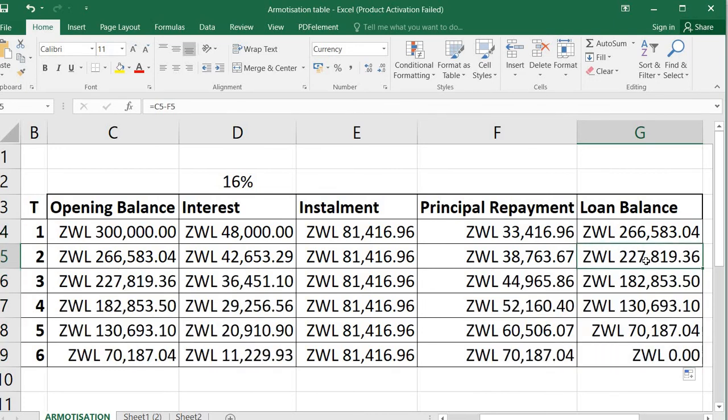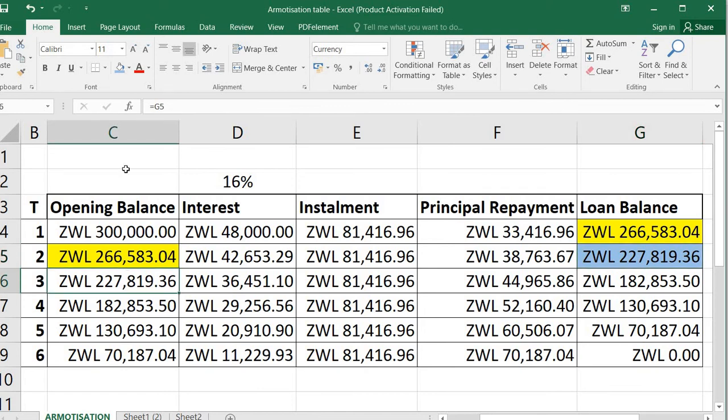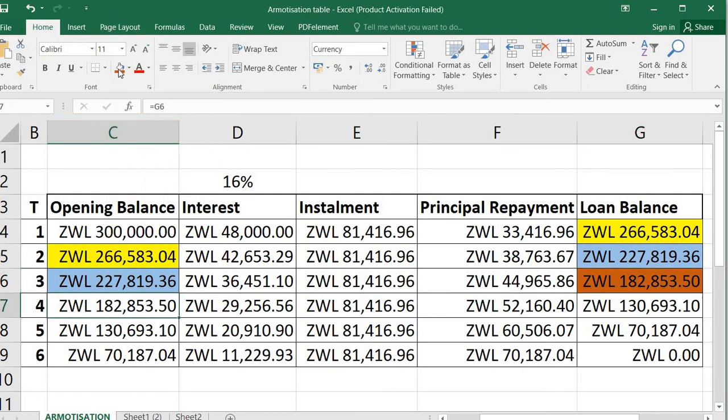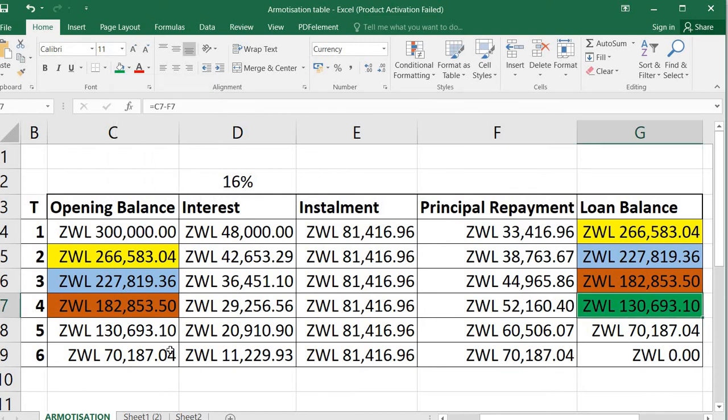Okay, so let's check. If you can check here, let me paint in a certain color what is similar there. That one yellow, this one, let's see, we have done it well. 227, like that. This one, we do it again like that. It's the same as that one. I just hope you are following closely.